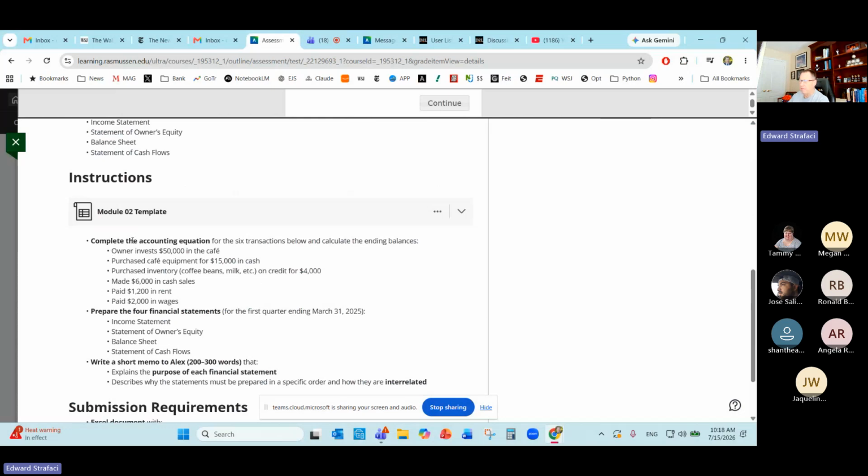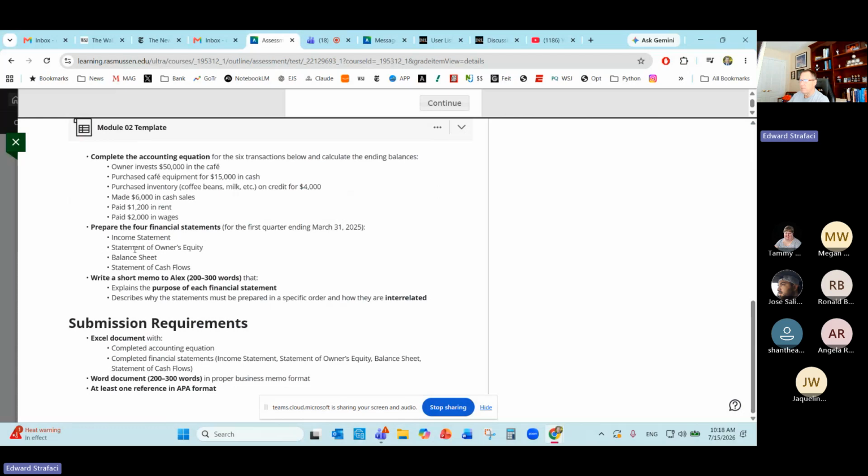And you have to prepare these 4 financial statements: the income statement, the statement of owner's equity, the balance sheet, and the statement of cash flows. And then remember, you have to write the memo. So to get full credit, you have to do 2 things. By the way, generally accepted accounting principles is the key phrase for this week, the code word, whatever you want to call it.